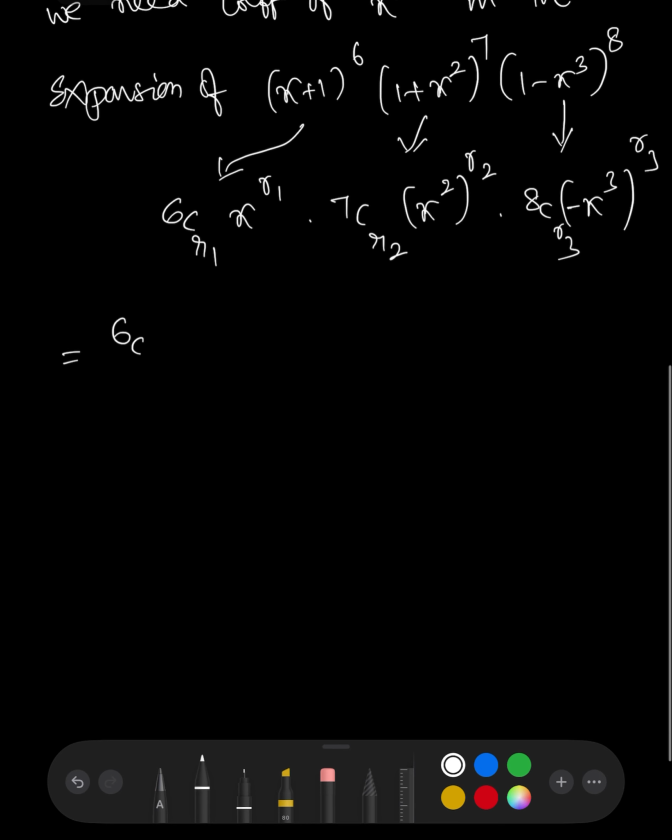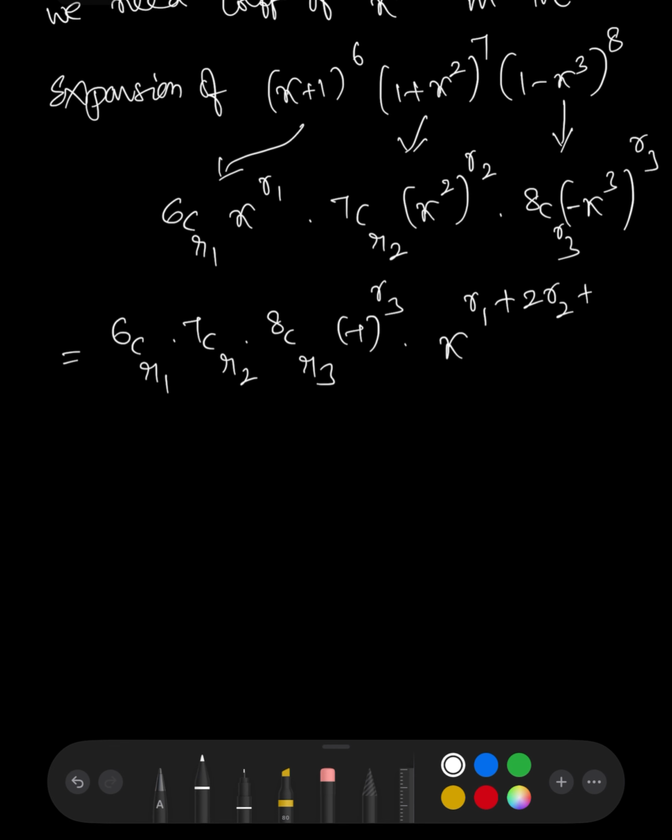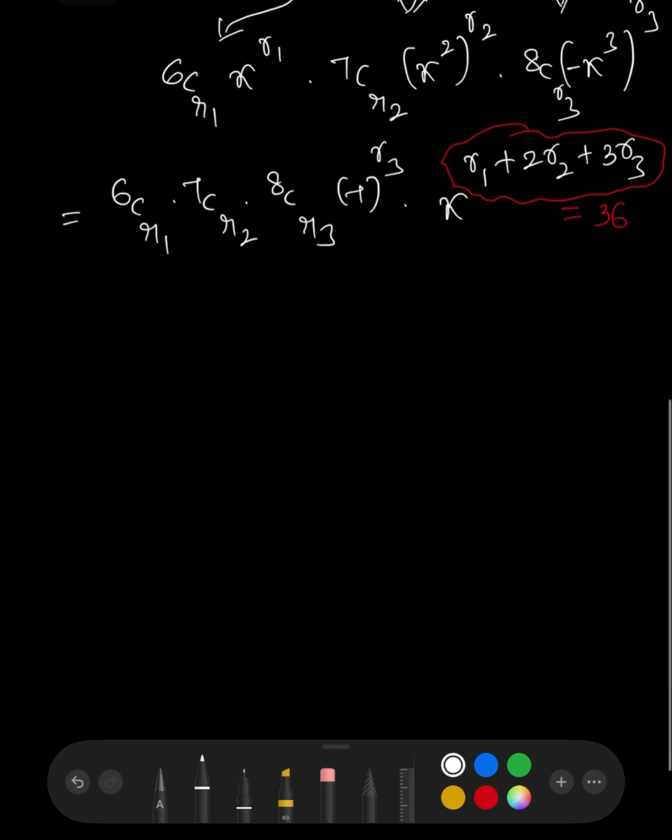Minus outside, the constants are 6Cr1, 7Cr2, 8Cr3 and (−1) whole power r3 separately. Now clearly it is x power r1 + 2r2 + 3r3, so r1 + 2r2 + 3r3 will be 36. Then only we will get the coefficient of x power 30 in the final result.